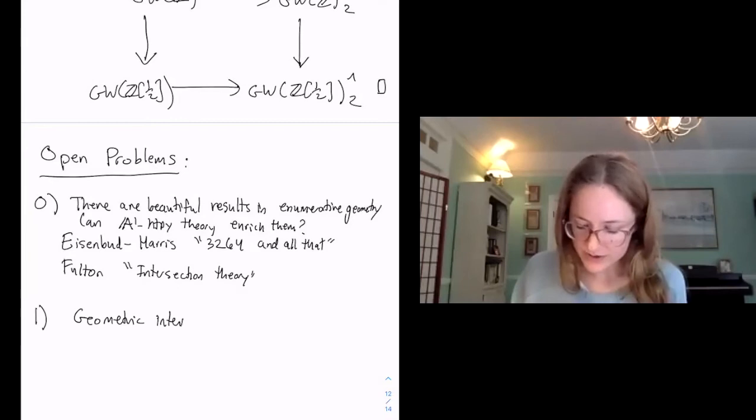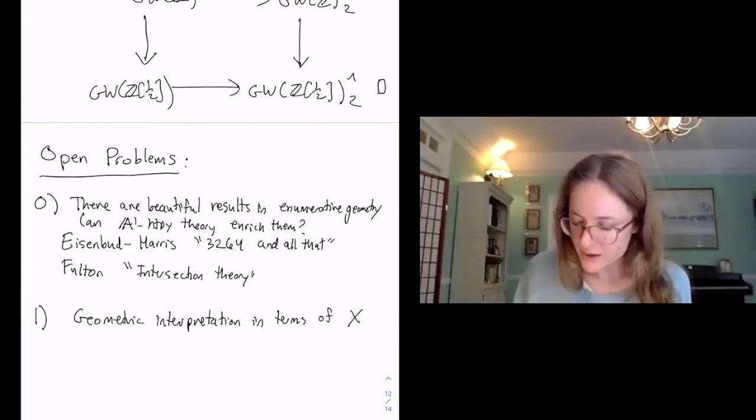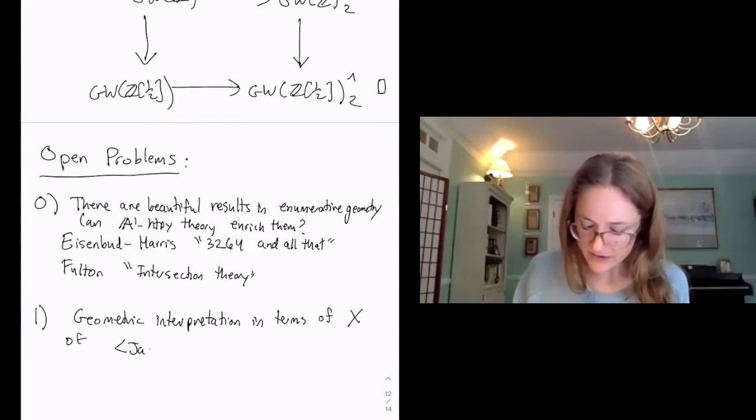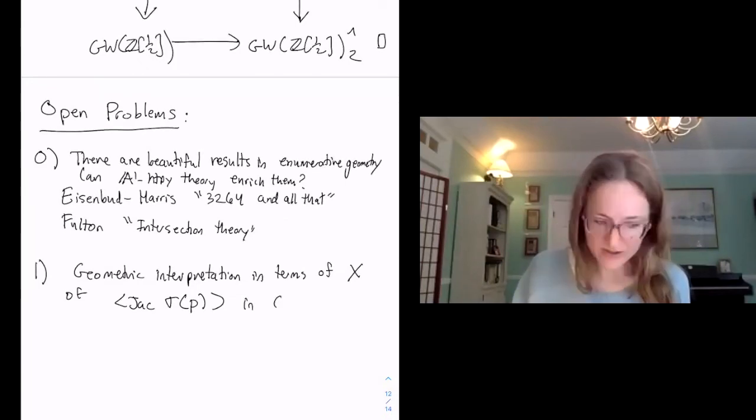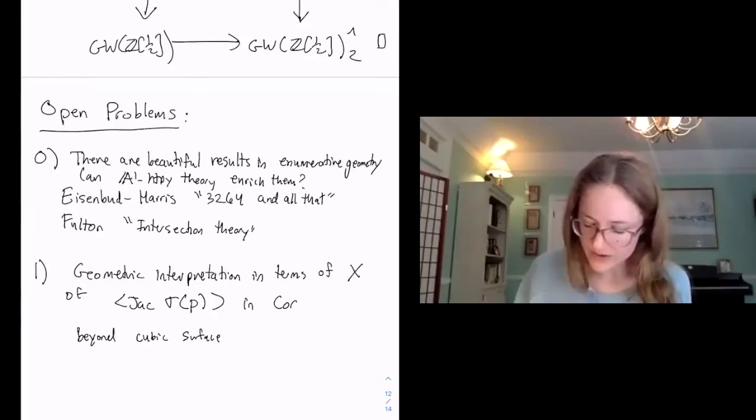So a geometric interpretation in terms of X. There are very concrete examples of this for this Jacobian, which is sort of living on the moduli space, so beyond cubic surface, quintic threefold, the zoo.